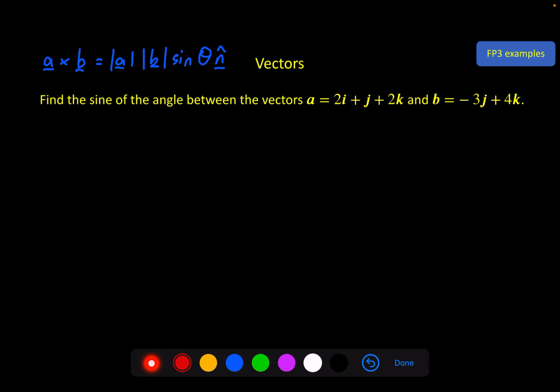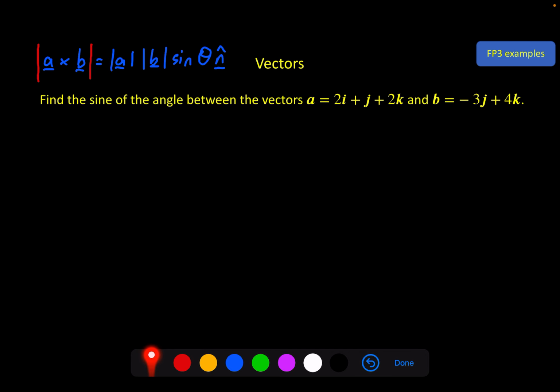So to do that, what we're going to do is find the magnitude of this cross product. Because if I then do the magnitude on this side, the magnitude of A times the magnitude of B times sine theta, that's already just a magnitude, it's already just a scalar. And the magnitude of n hat, because of the hat, this is a unit vector, that's just 1.